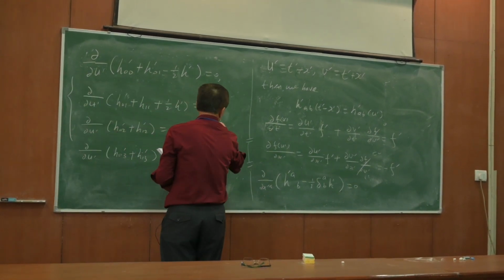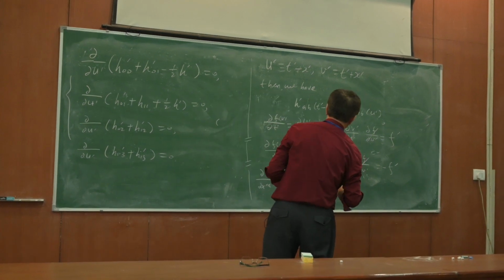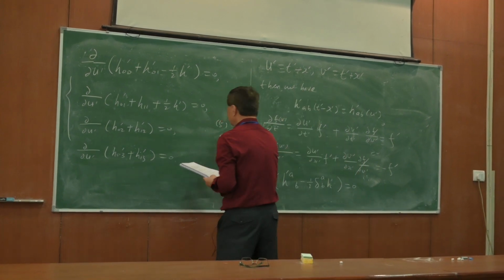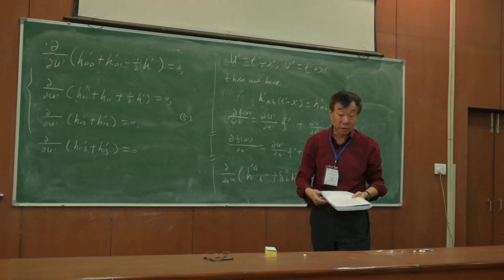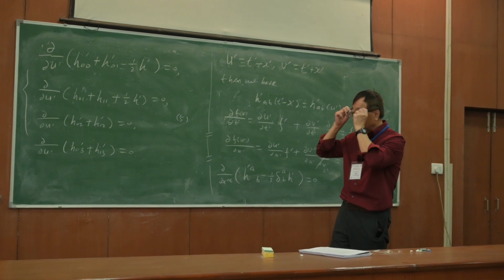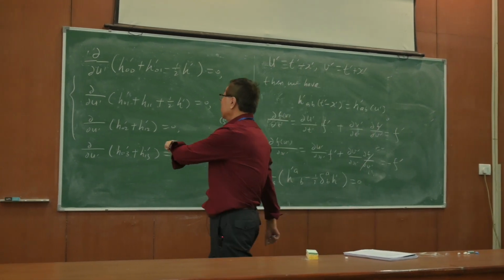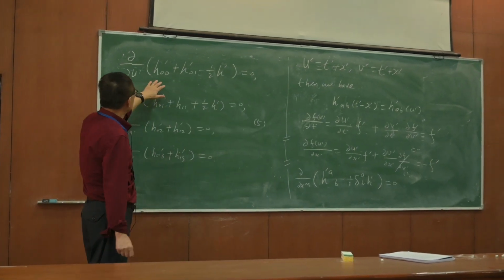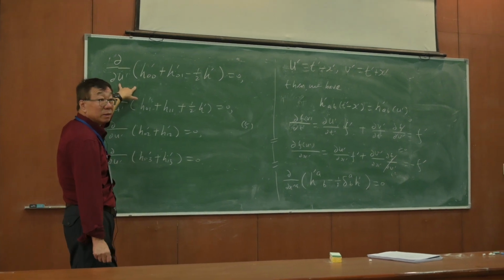Let's call these equations 5. So I get that this is my Lorentz gauge, or Einstein gauge, whatever we call it, sometimes we call it the Hilbert gauge. This is a partial derivative I can integrate, right?